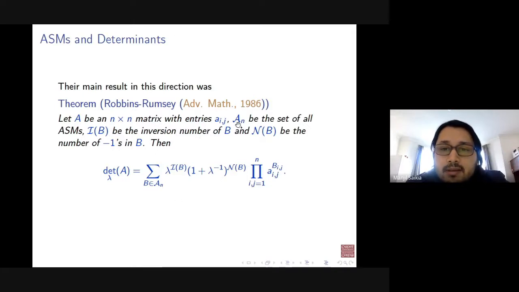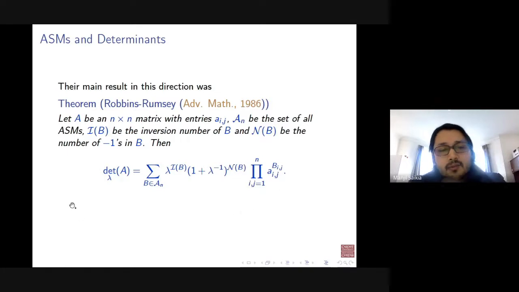Here script n is the set of all alternating sign matrices, the I(B) which appears here is the inversion number of the alternating sign matrix, and N(B) is the number of -1s in the alternating sign matrix.